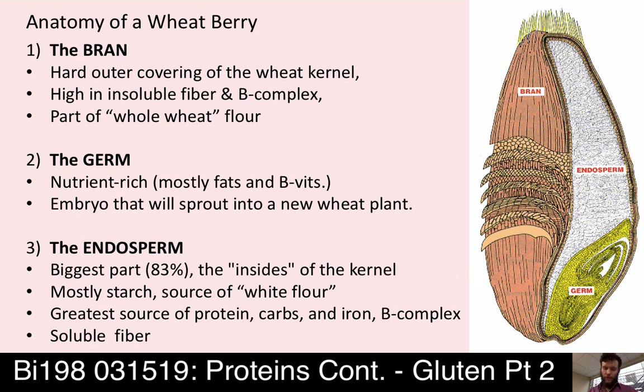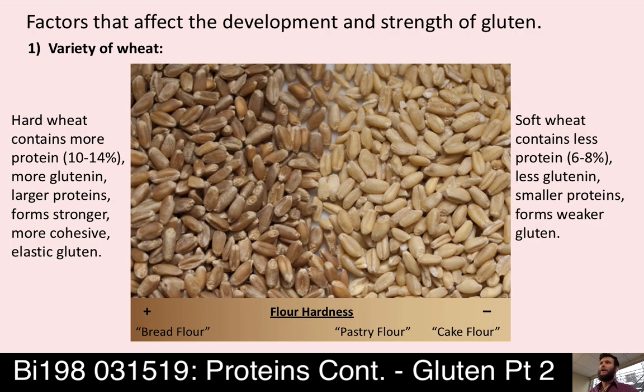Anyways, we left off talking about the factors that affect the development and strength of gluten, and I talked about hard wheat versus soft wheat. The hard wheat has more protein, the soft wheat has less protein. So the hard wheat is going to form more gluten.